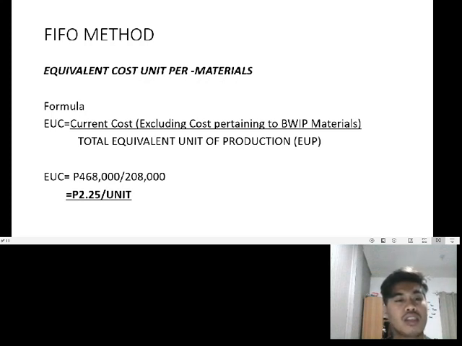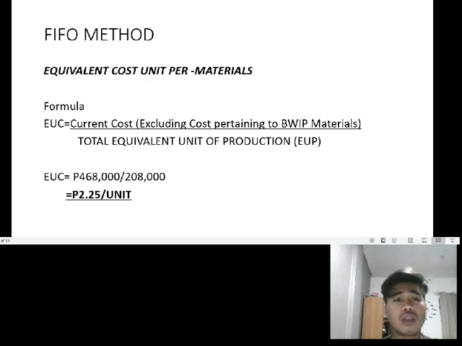The formula is EUC is equal to current cost of materials over the total EUP. So yung cost natin for materials is 468,000 over 208,000 units. So yung EUC natin ay nasa 2.25 per unit.